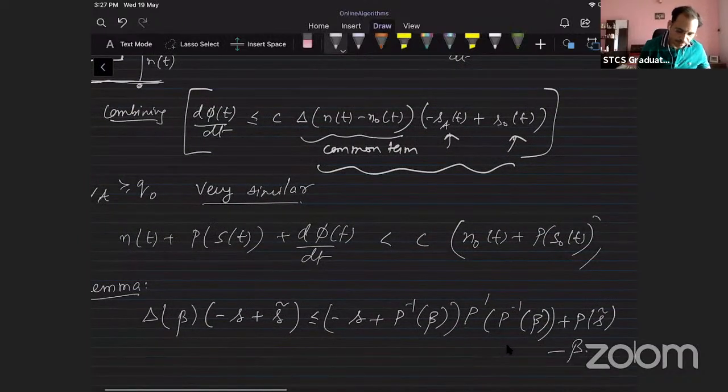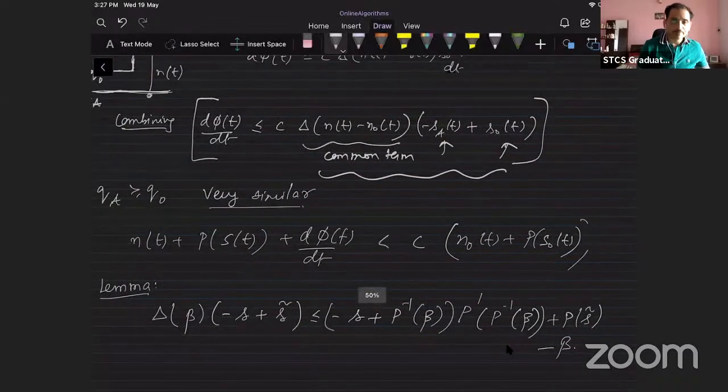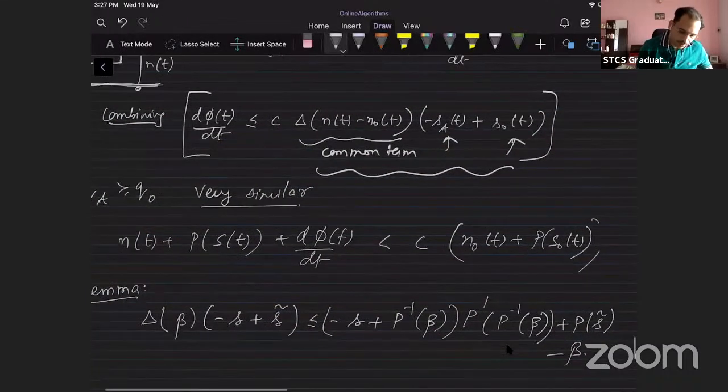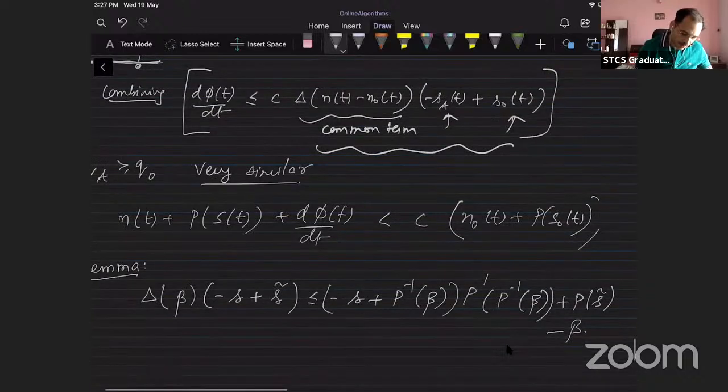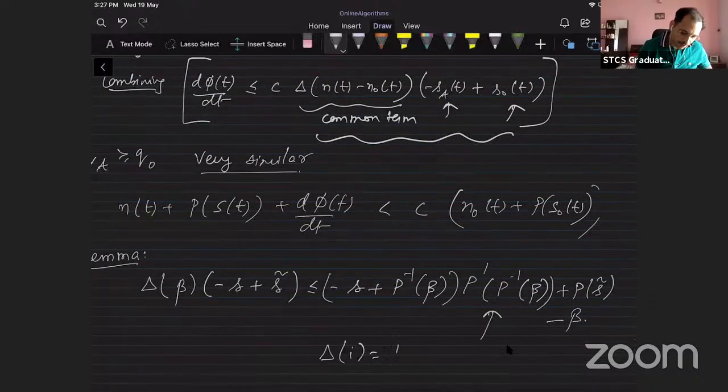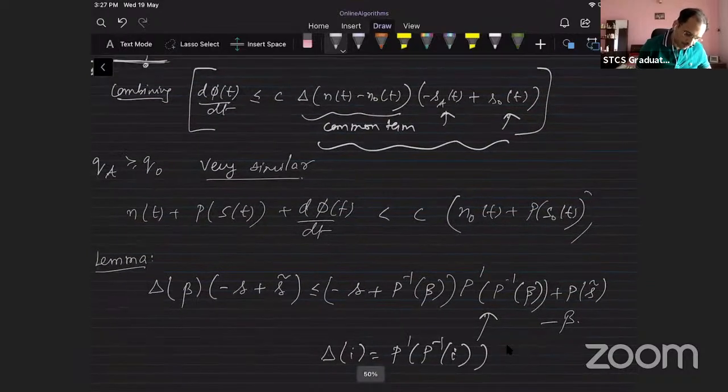So this is a technical lemma which will be proved using Young's inequality. But if you noticed, what was the definition of delta of I? It was exactly this, p prime of p inverse of I. So this is where we're going to get everything we want.